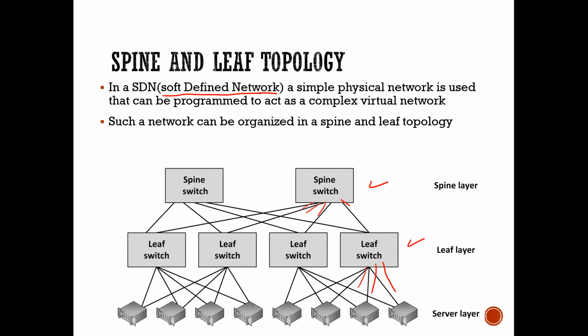A simple physical network is used that can be programmed to act as a complex virtual network. يعني في احد البرامج يعني ممكن يتطور عن طريق ال SDN to act as a complex virtual network, such as the network can be organized in a spine and leaf topology.